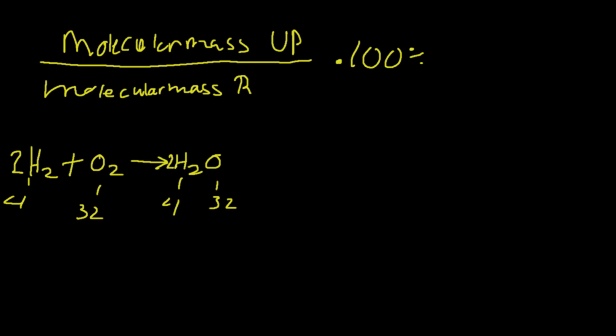Well, in this, we're going to have the useful products on top, so we have 36 over 36 times 100%. And pretty much what this is going to give us is that this reaction has an efficiency of 100%.